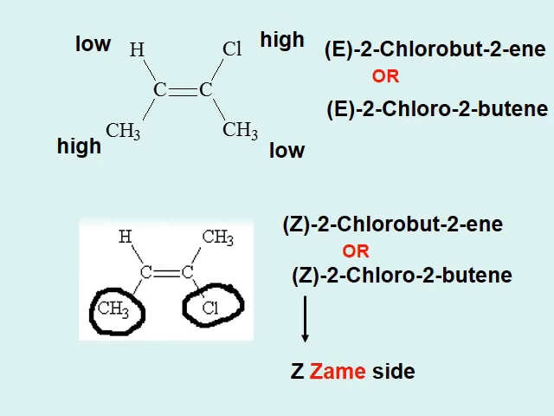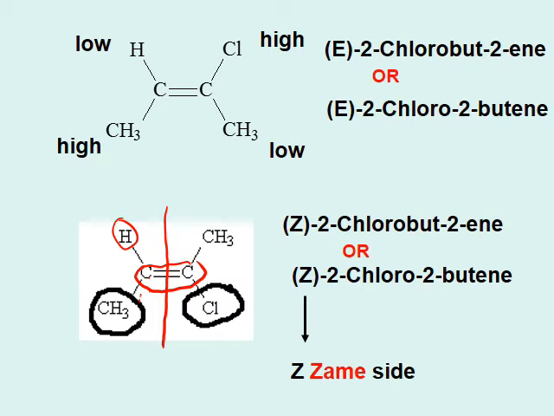Now this is an example. I'm going to show you how we come up with E or Z. Let's begin with the bottom one. Again, you're focusing on this carbon-carbon double bond and splitting it into two halves like this. First focus on the left-hand side. What is bonded directly to this carbon? On one side you have hydrogen, which has a low priority, atomic number only 1. And on this carbon is the methyl group. Keep in mind the bonding is through carbon.